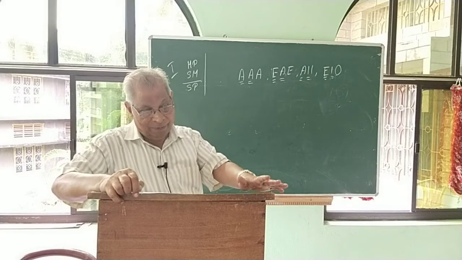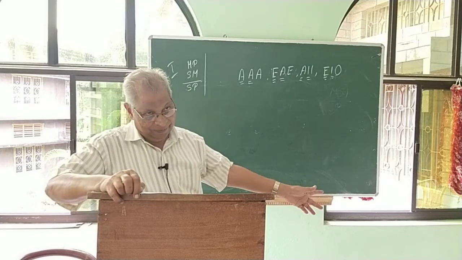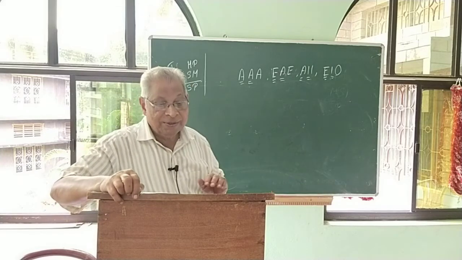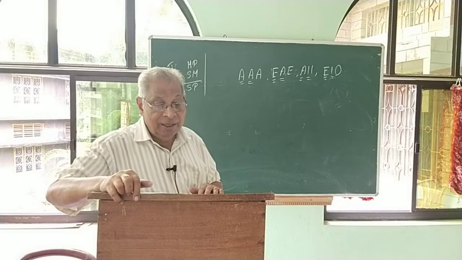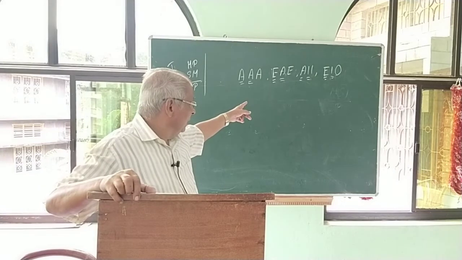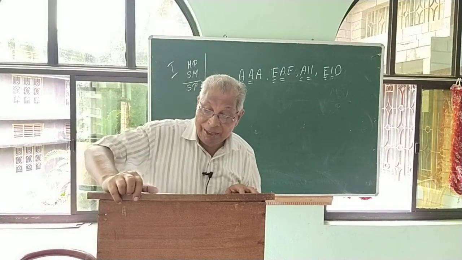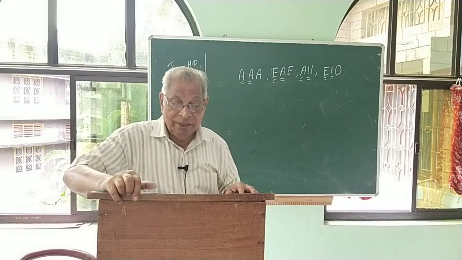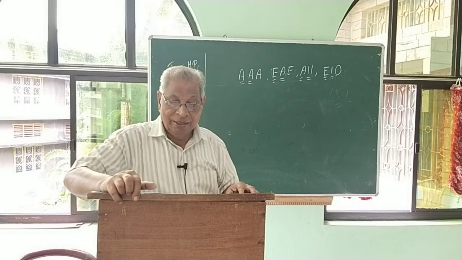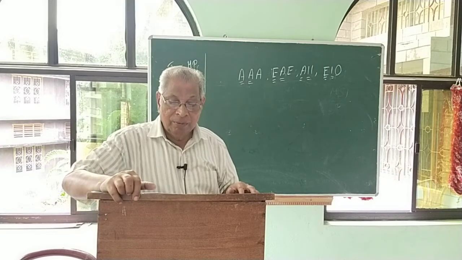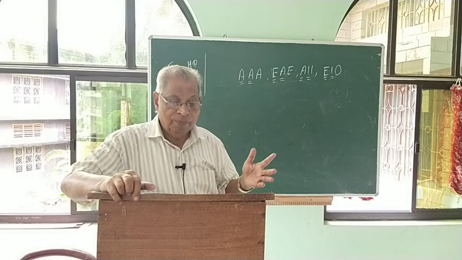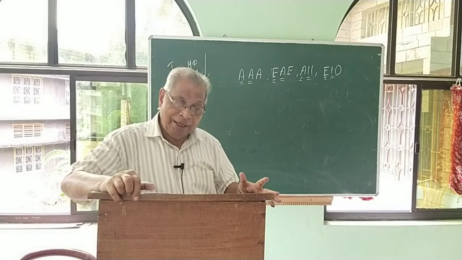Barbara mood is a valid mood in the first figure. Another one is Celarent, E, and that is again another valid mood. Then Darii, D-A-I. And the fourth one is Ferio, E-I-O. So, Barbara, Celarent, Darii, Ferio.